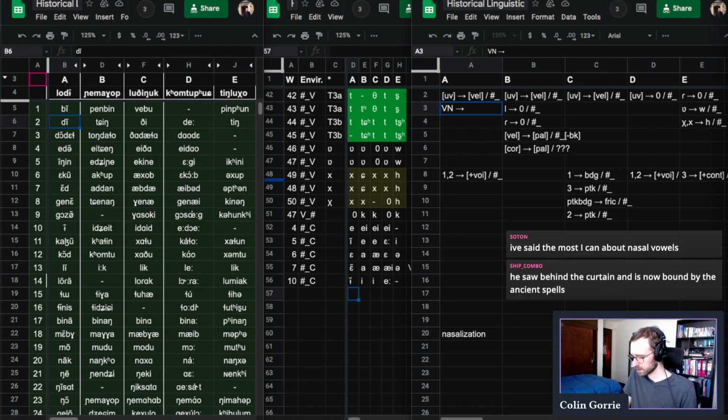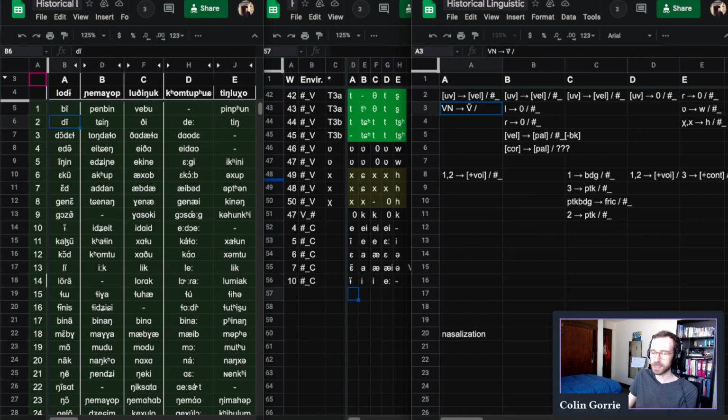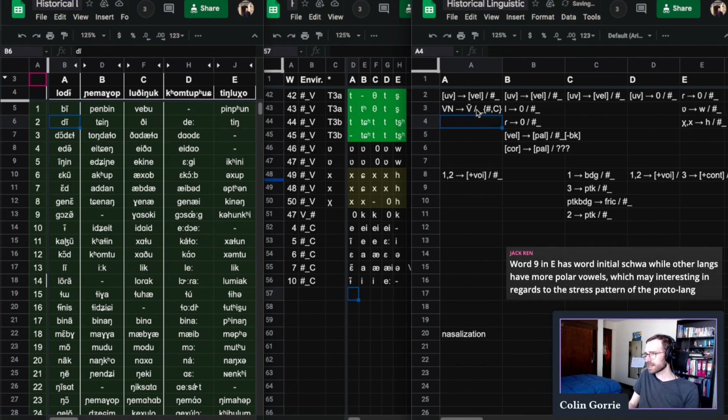Okay, so I think, yes, we are good. It looks like we have vowel nasal going to nasalized vowel at the end of a word, and also perhaps before a consonant. So I think this rule will help us with things like bien and din and donder and aidant.